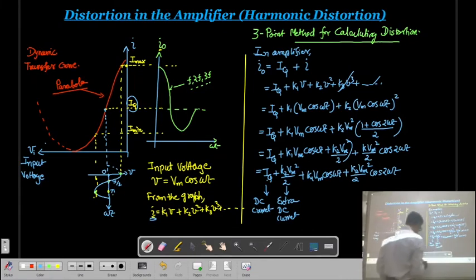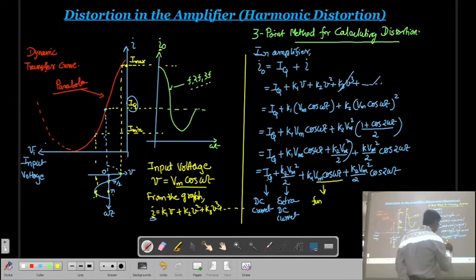Then if you look at the third term, then third term is what? Vm cos omega t, and Vm cos omega t is nothing but my input signal. You can say it is the fundamental frequency. So the third term is representing the fundamental frequency.